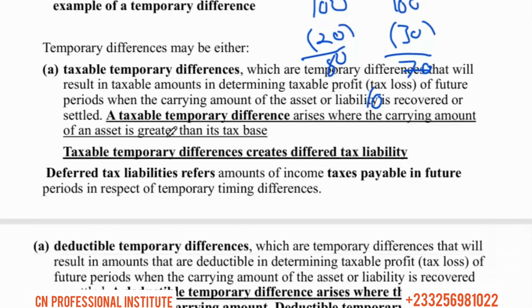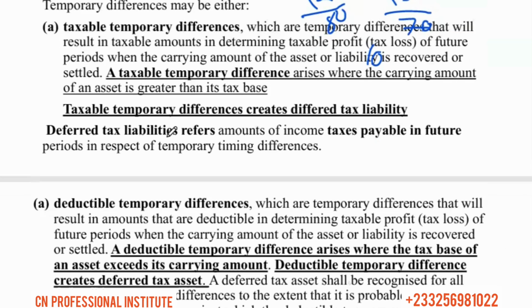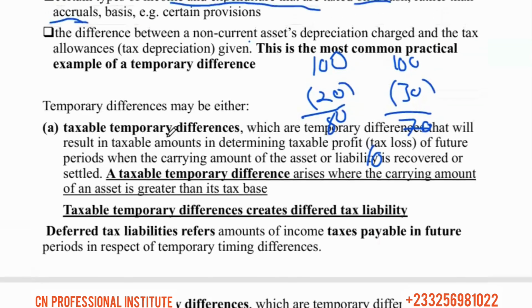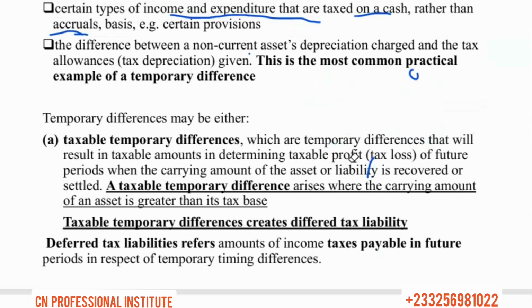Let's come back to the main thing: taxable temporary differences and deductible temporary differences. Now, if you remember what I just told you, if the carrying value of an asset is bigger than the tax base, carrying value is greater than the tax base, then we have what we call taxable temporary difference.